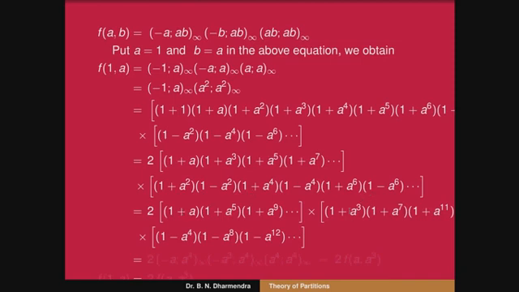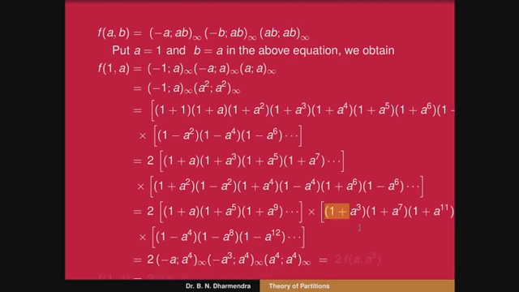In the second term, here is minus a cube, and the base is a to the power of 4. And here, the first term is a to the power of 4, and the base is also a to the power of 4. So it can be rewritten as 2 times, by using this product, in terms of a cube, the product is minus a to the power of 4 infinity.